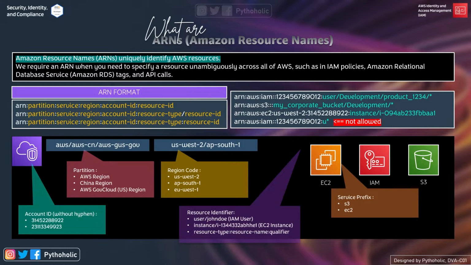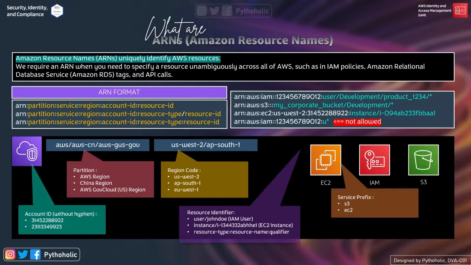So AWS here is basically the partition, IAM is basically the service, and :account ID, that is 123456789012, :user, that is the resource type, /development/product_1234/*. And this actually specifies all IAM users that are a part of the path product_1234 using a wildcard as follows.